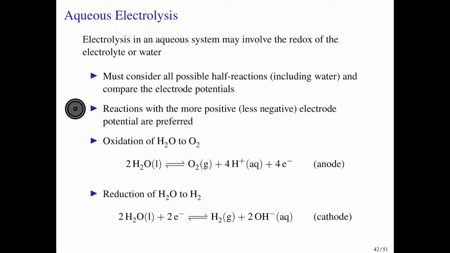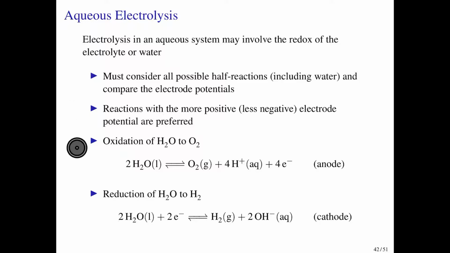And so the rule is that the reactions with the more positive electrode potential are preferred. So I say more positive or less negative electrode potential are preferred.